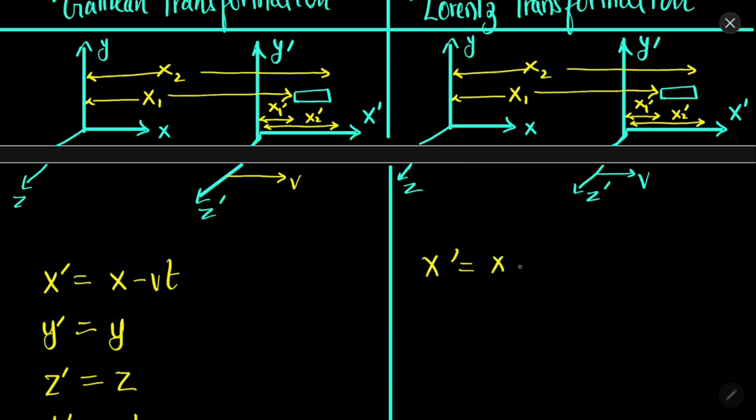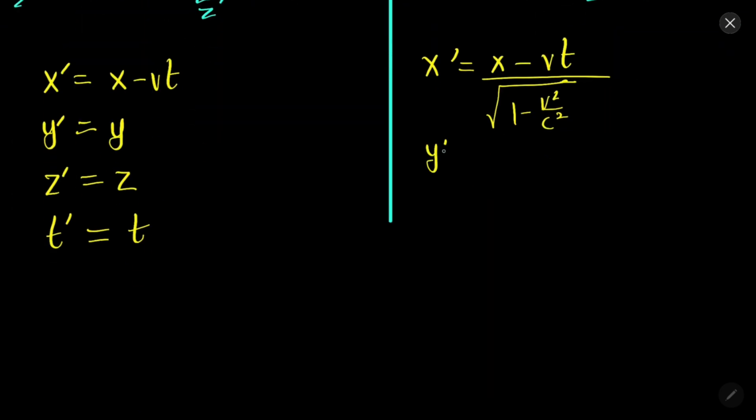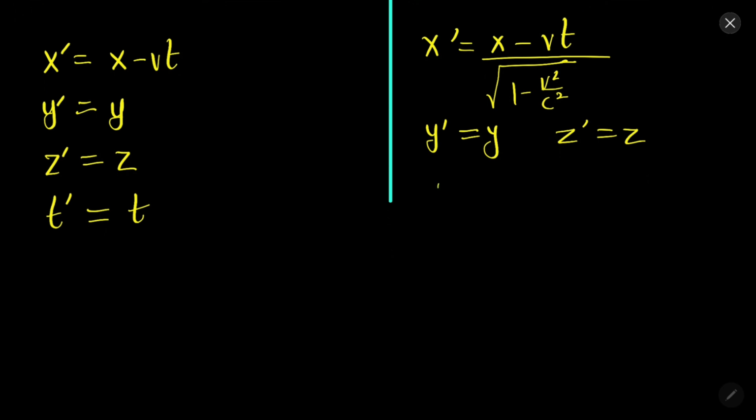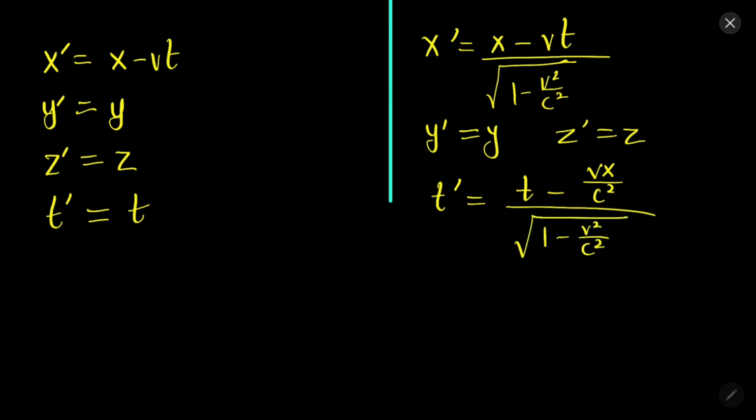It will be equal to x minus vt over root 1 minus v square over c square, where v is the velocity of the frame and c is the speed of light in vacuum. Now again here y dash and z dash will be same because the frame is only moving in x direction. But amazingly, time will not be same here. Time will be t dash equal to t minus v x over c square upon root 1 minus v square over c square. So the time period will not be absolute and space will not be absolute.